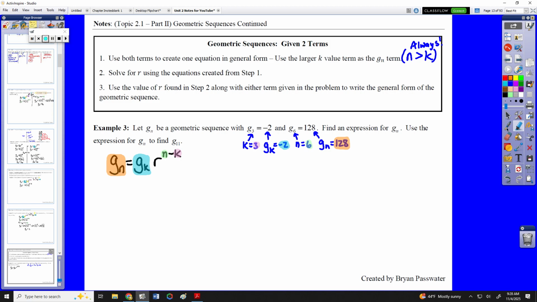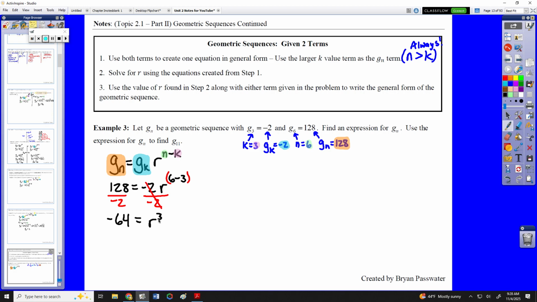When we do that, the only variable that we have left in that expression is r, so we can solve that for r. To solve that, we are going to combine 6 and 3 and divide each side by negative 2 to get r to the third power equals negative 64.